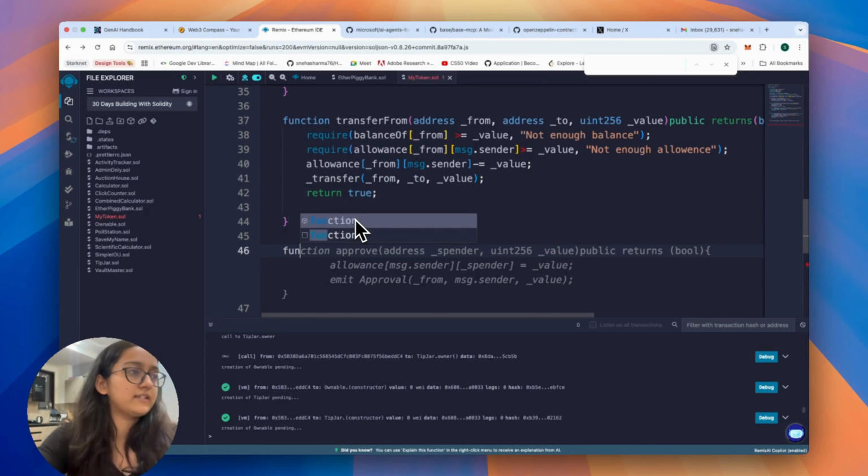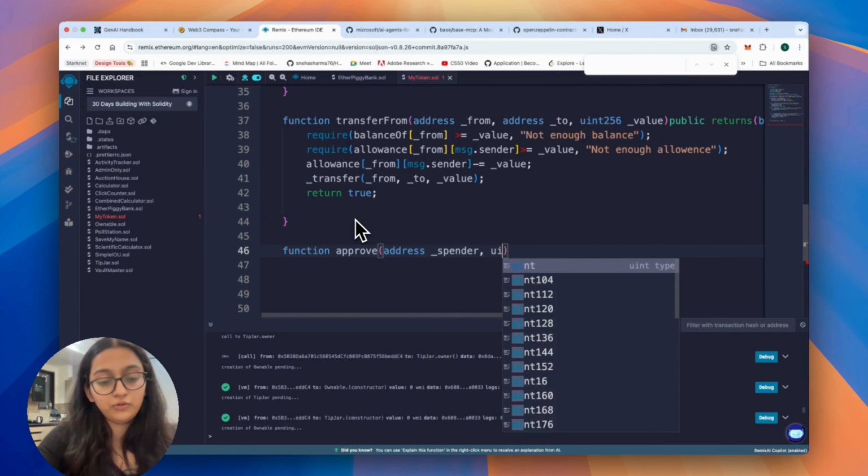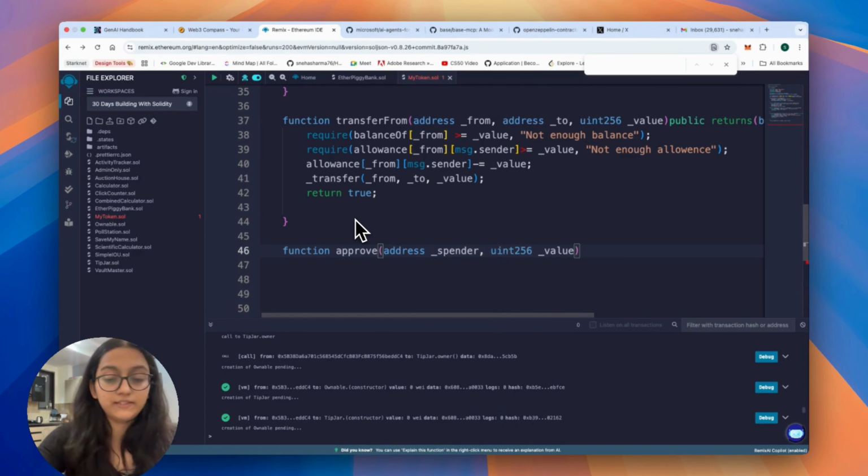So similarly, yes, function approve, and we say, okay, address _spender, and then uint256 _value, public, returns again bool, fine.